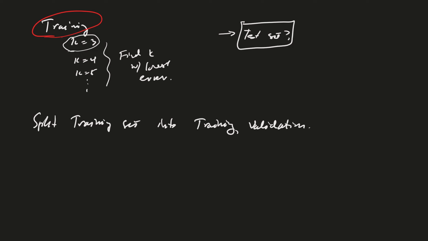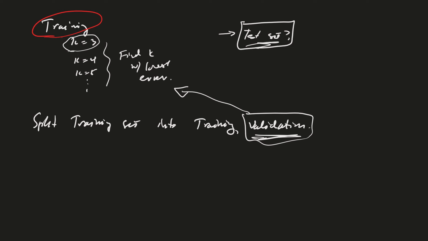The validation set takes the place of your intermediate error function, so you use it to test on your k.